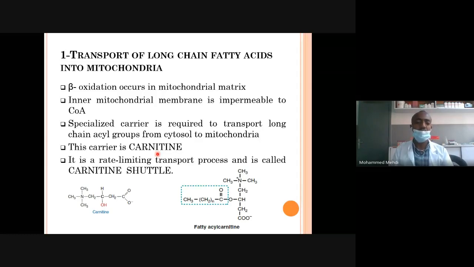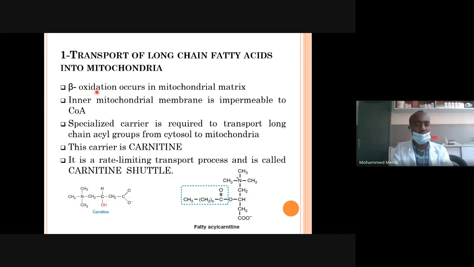Meat consumption is very important to have this carnitine. Therefore, this is very important to transport fatty acid into mitochondria. This will replace coenzyme A. As a result, fatty acid will be transported into mitochondria to have beta oxidation.